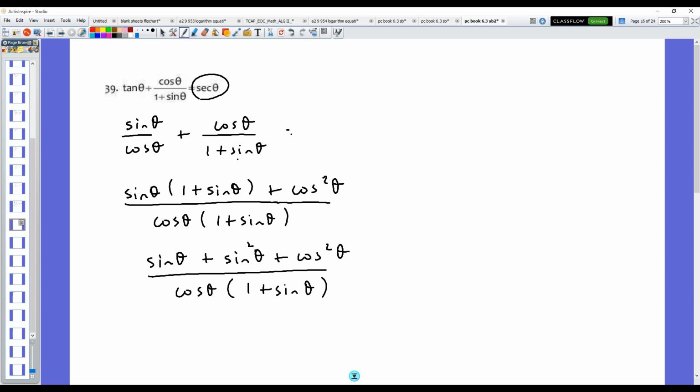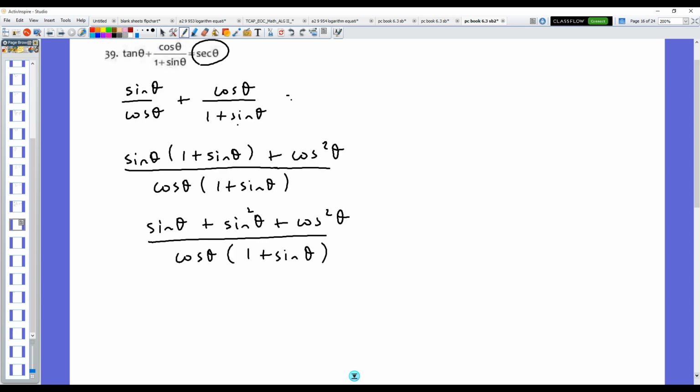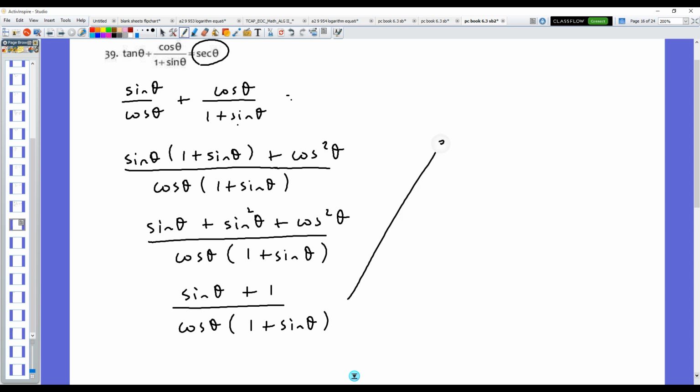The sine squared and the cosine squared, I can replace that with a 1. So on top I have sine theta plus 1, and on the bottom I have cosine with 1 plus sine. Sine plus 1 is the exact same thing as 1 plus sine, so I can cancel the grouping and have 1 over cosine, and that is the exact same thing as secant, which was my target.